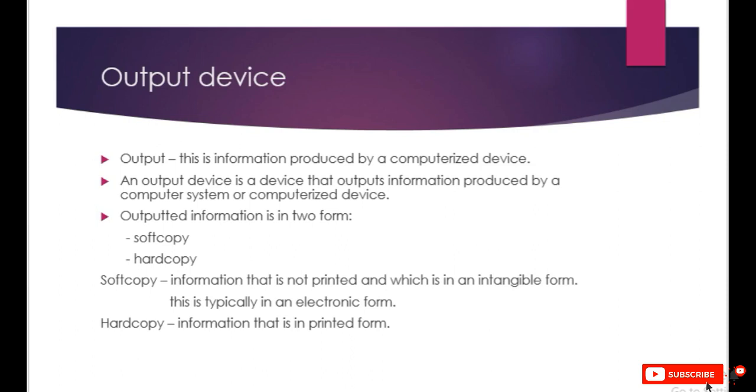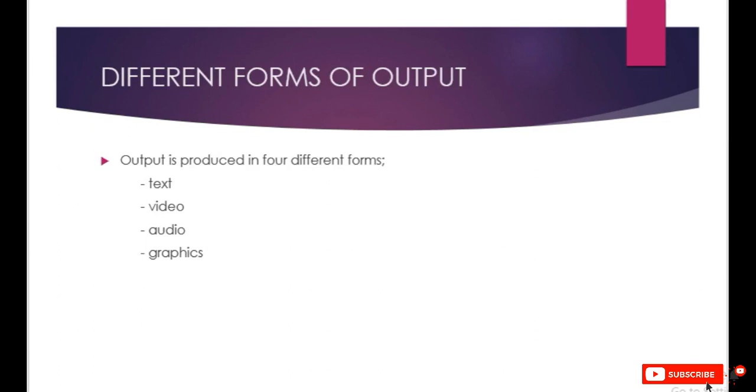Hard copy is information that is produced in a tangible form. So here it is typically in a printed form. There are different forms of output, actually. So we have output that may be in textual form, that's text. It may be in the form of video, audio, or graphics.